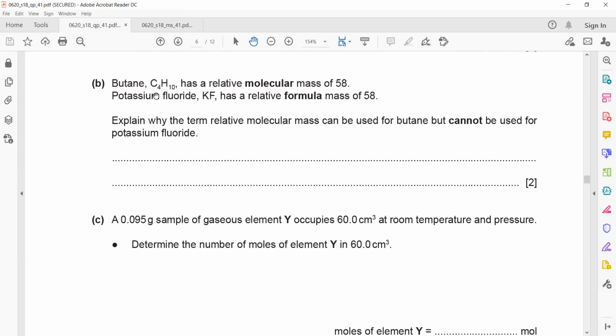This is why we use molecular mass. Molecular mass is a term used for covalent substances because they have the actual number of atoms present in the structure. But for ionic compounds, we don't say molecular mass, we say formula mass. Formula mass shows the simplest ratio between the atoms present in the structure.